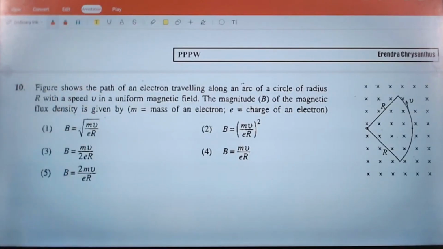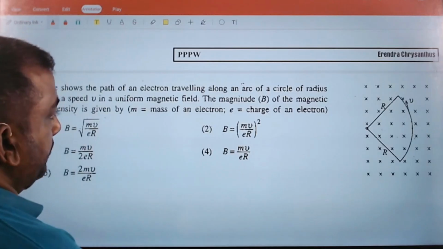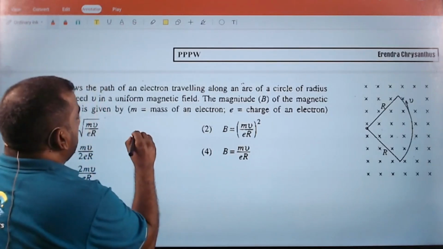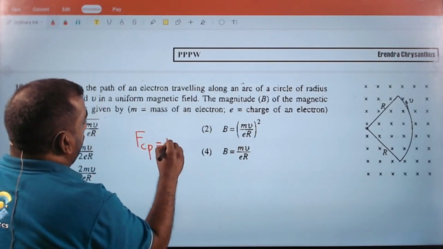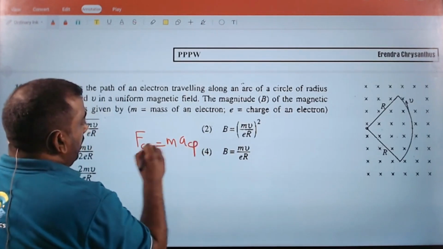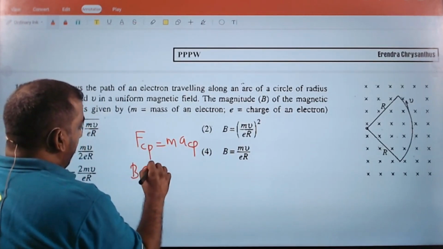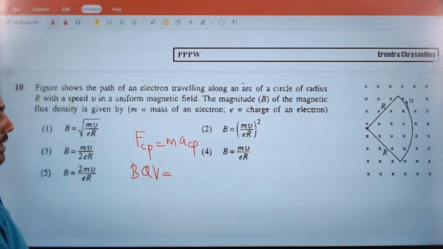Question number 10. Figure shows the path of an electron traveling along an arc of a circle of radius r. The magnitude of the magnetic flux density is given by. Now, going in a circle means somebody is providing centripetal force. Who is providing centripetal force? Magnetic force is providing centripetal force.